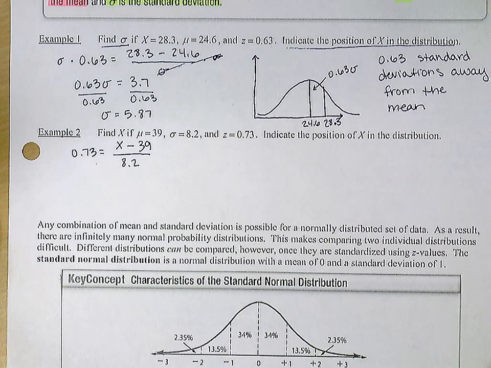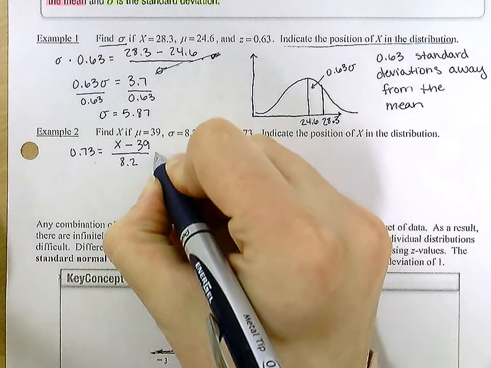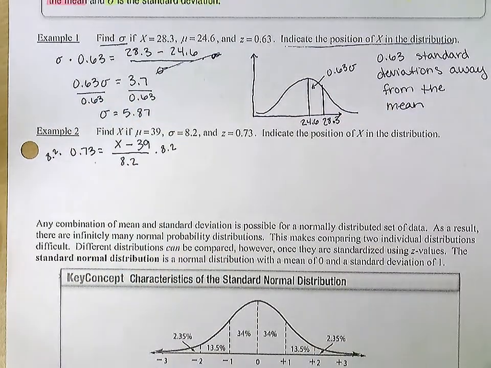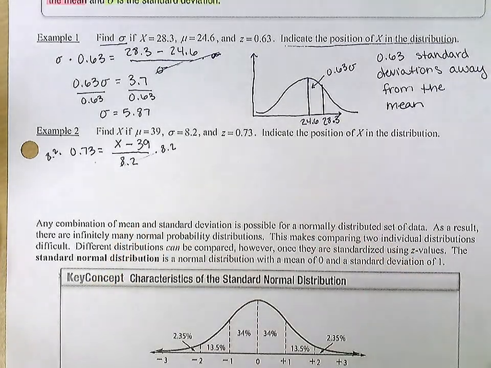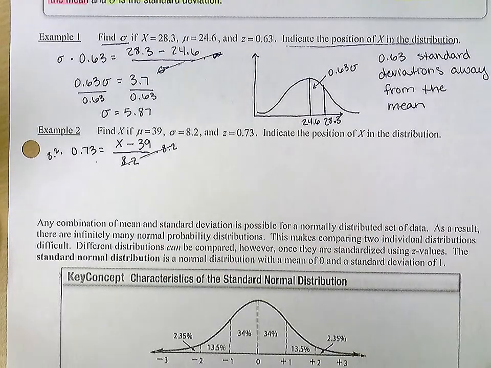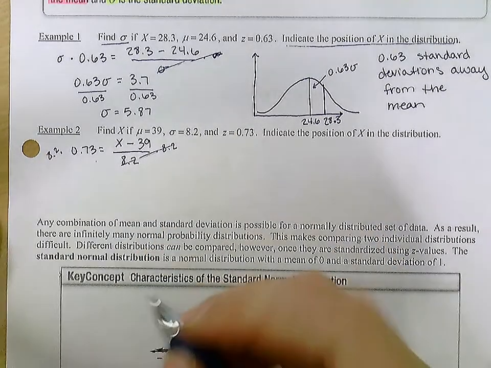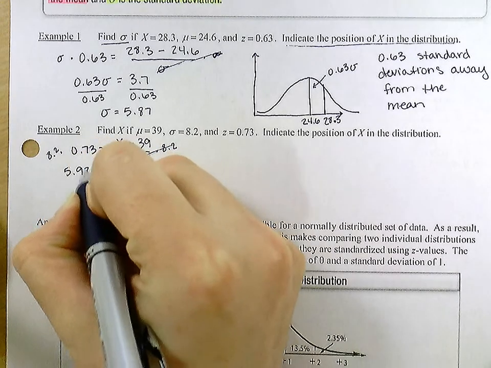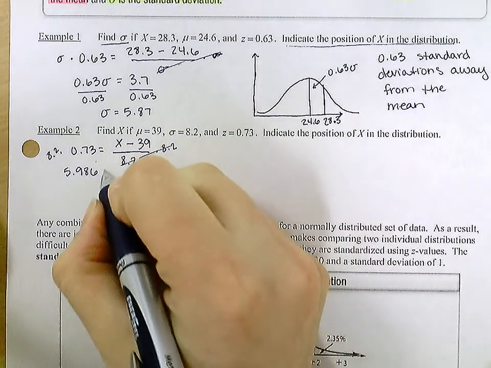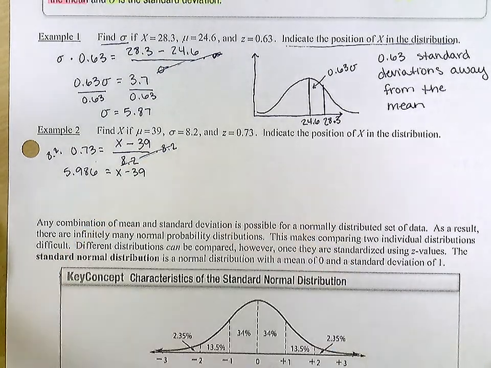Again, I just have to solve for that missing value algebraically. What should I do first to get x by itself? Multiply both sides by 8.2, so that they cancel out on the right. I end up with 5.986 is equal to x minus 39.